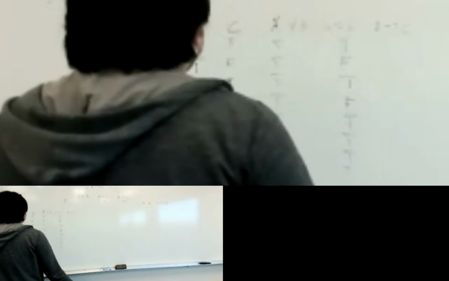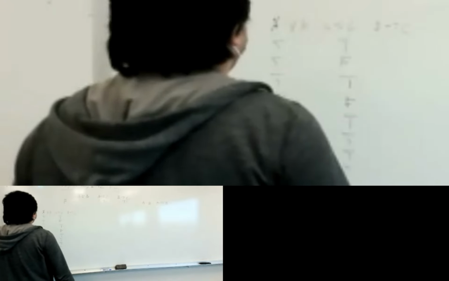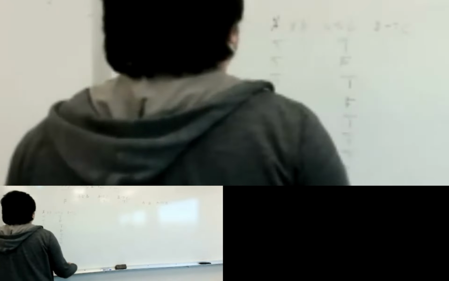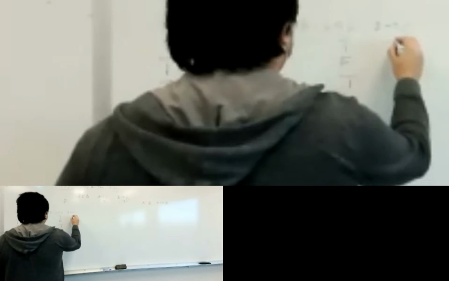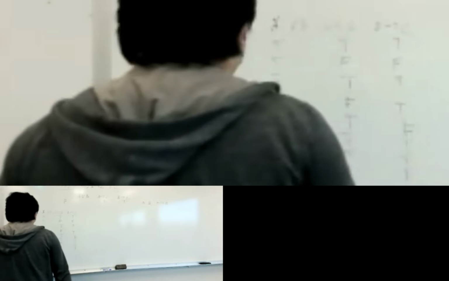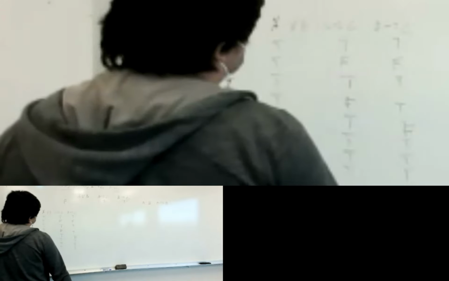Same thing for the third premise: B should be true and then C should be false for it to have a false value. Then everything else should be true. Okay. It's a mismatch here.